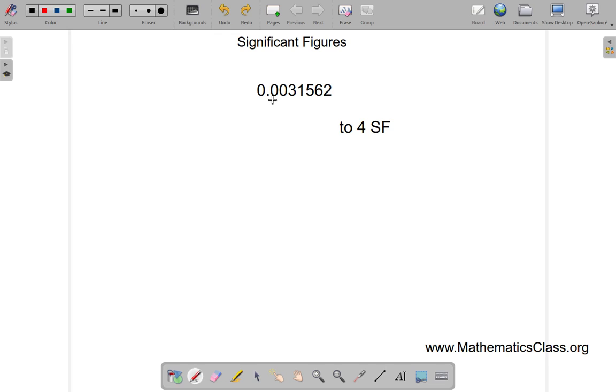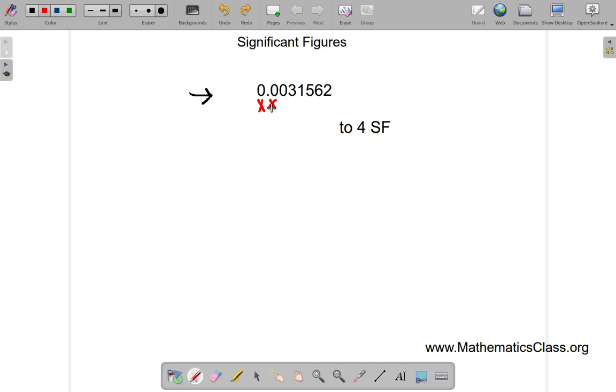Remember, the first significant figure is the first non-zero digit that you see as you look from left to right. So looking from left to right at this number, you're seeing the first 0. The first figure is a 0, not a significant figure according to the rule. This is not a significant figure.